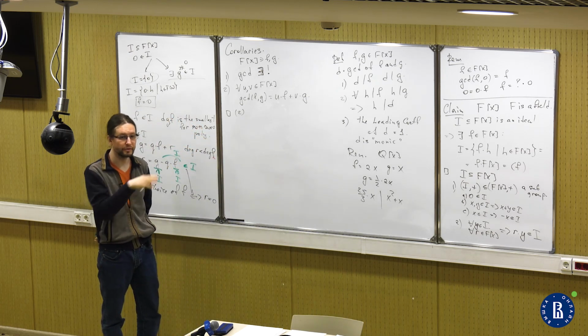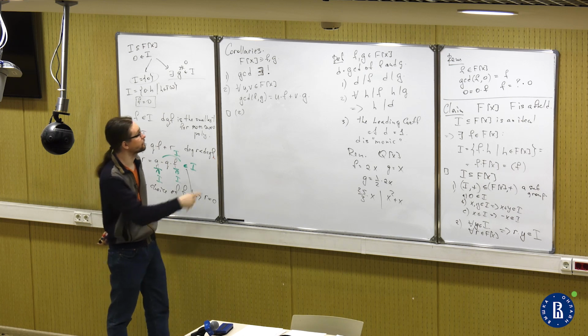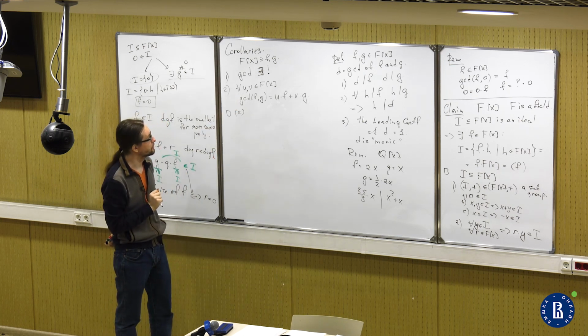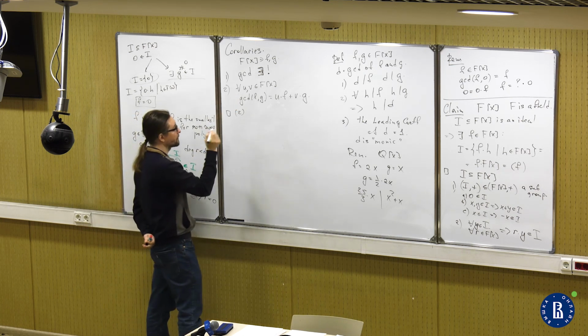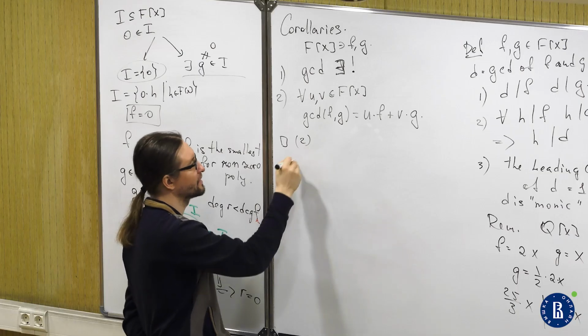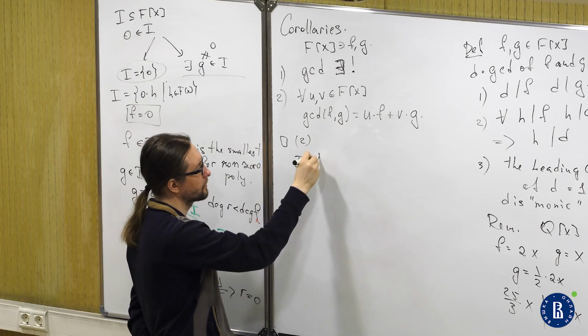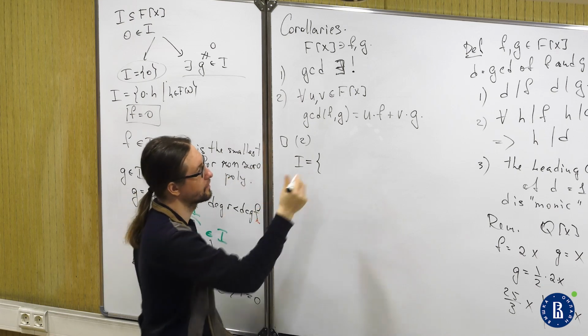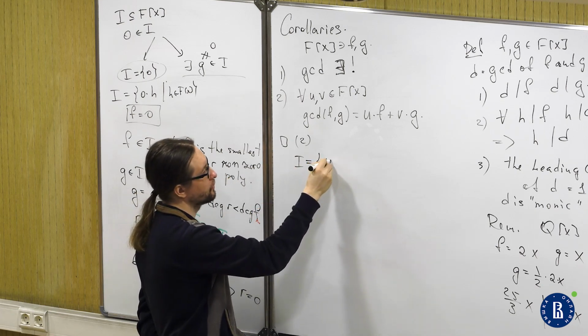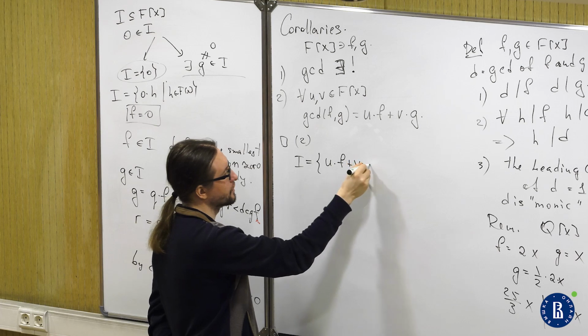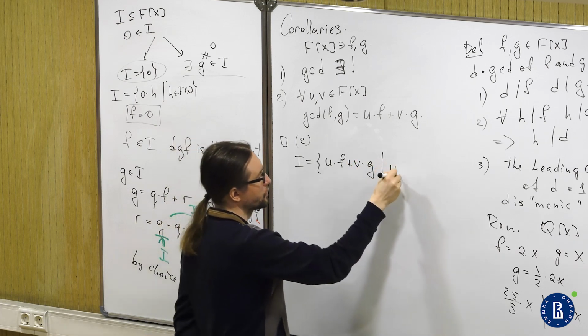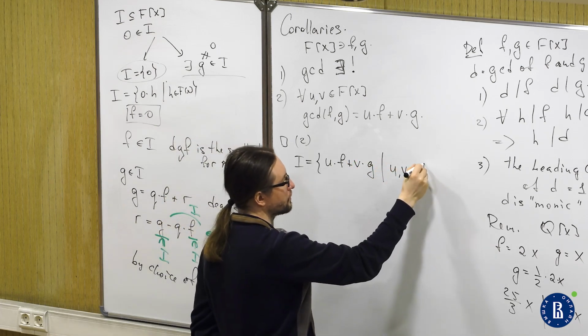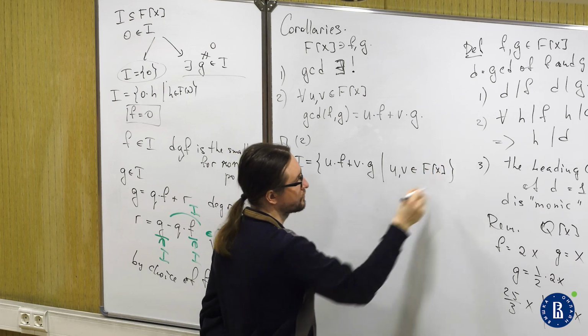So how to use this abstract fact in order to prove this statement? Well, let's define the following set of polynomials: u times f plus v times g, where u and v are in the ring F of x.